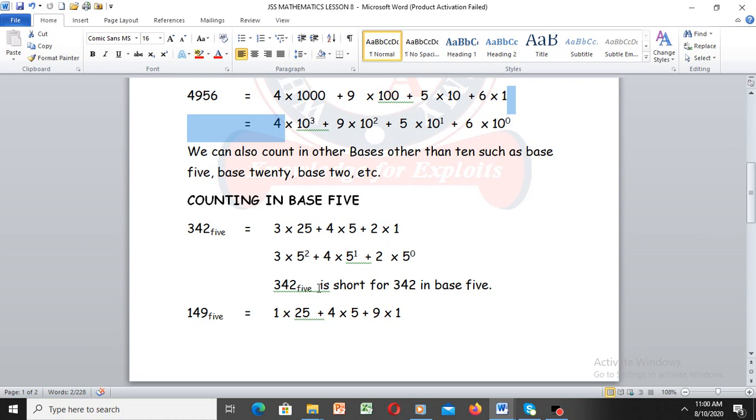So this 342 subscript 5 is a short form of 342 in base 5.